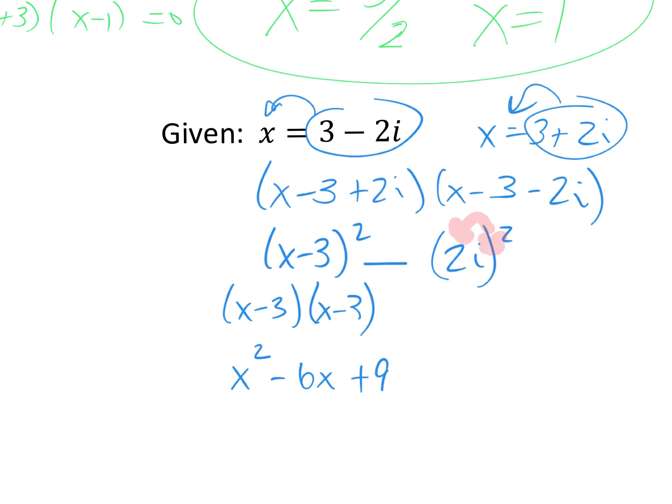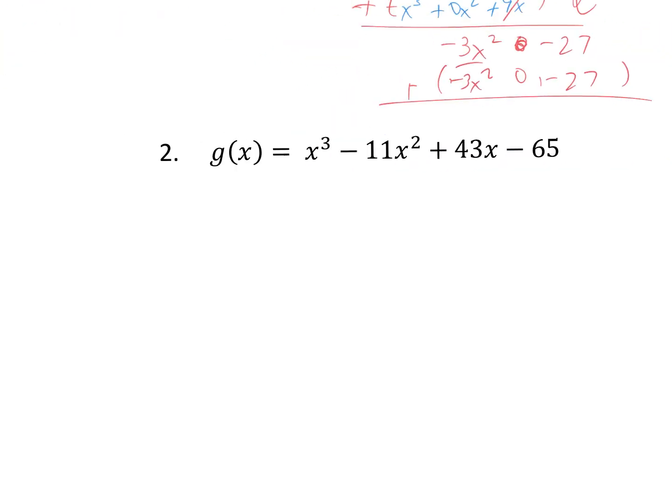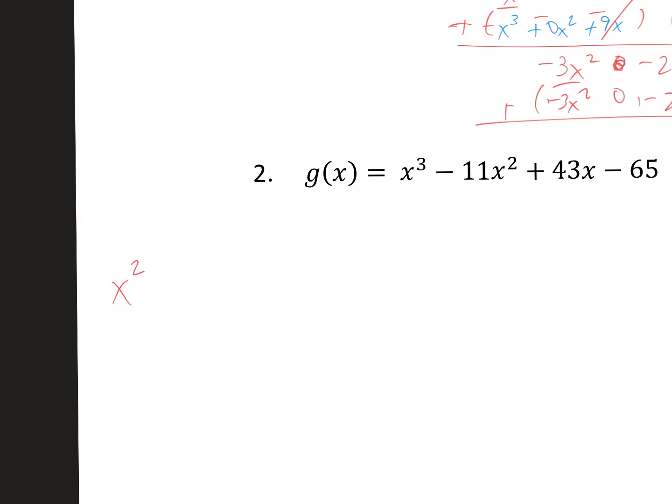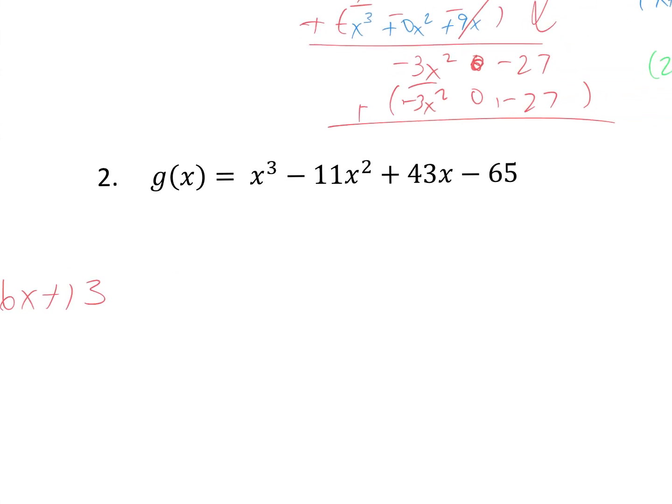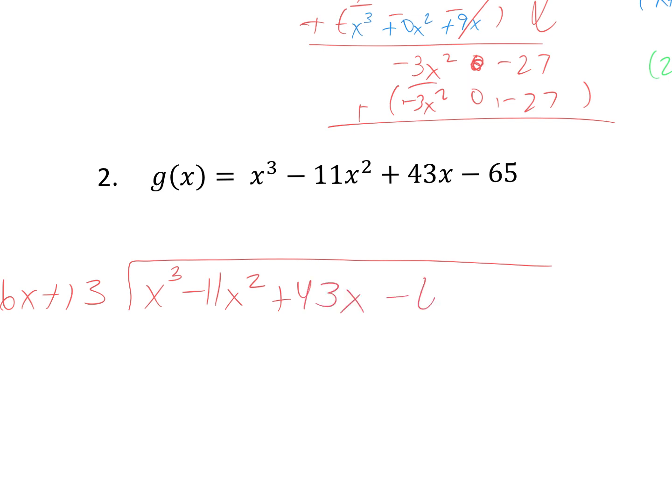So this becomes negative 4i squared, which then becomes what? Plus 4. As soon as you see that i squared, you cross it off, change the sign in front. And then when we combine 9 and 4, we get 13. So you have the polynomial x squared minus 6x plus 13, and you're going to divide that into x cubed minus 11x squared plus 43x minus 65.